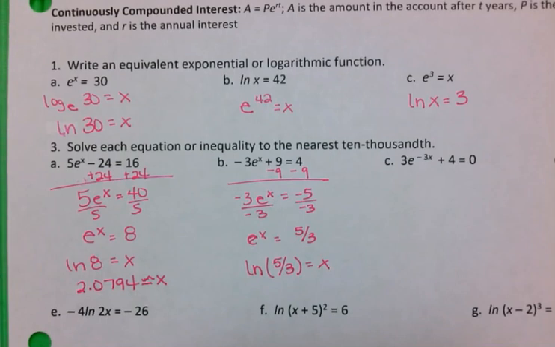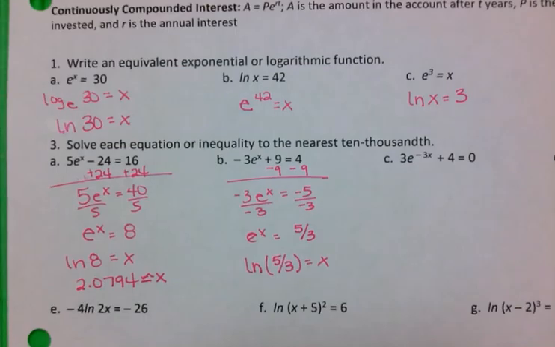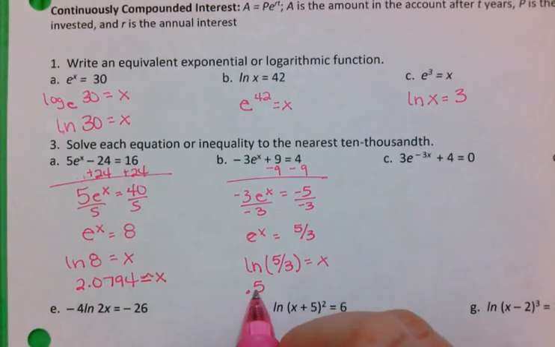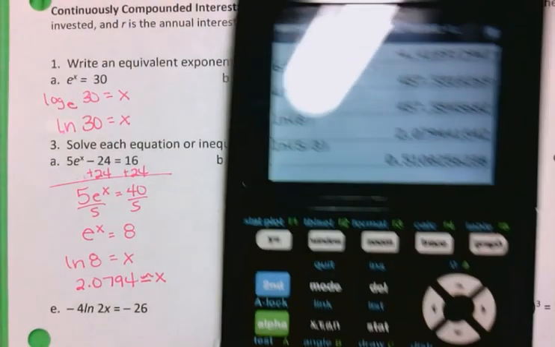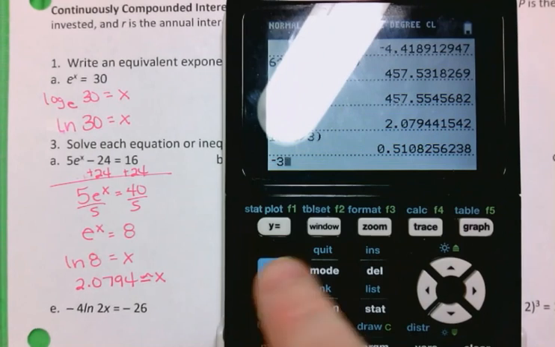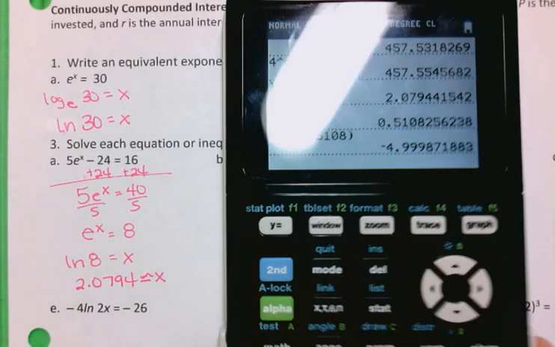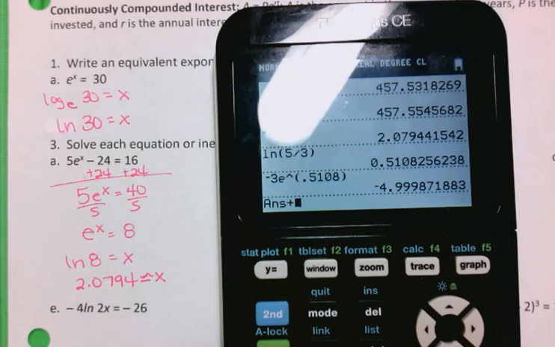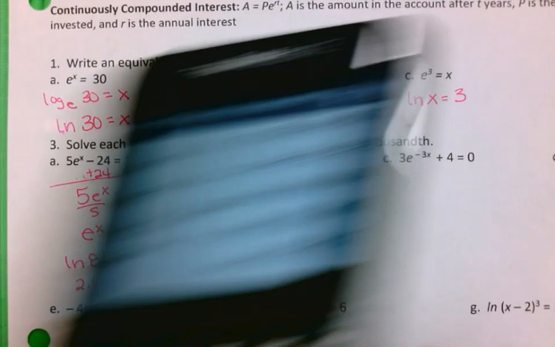So ln of 5 divided by 3 in my calculator is approximately 0.5108, so 0.5108 approximately is x. If I check by typing negative 3 times e to the 0.5108, enter, and then add 9 to that, I'm at 4 roughly. Slightly off because of rounding.